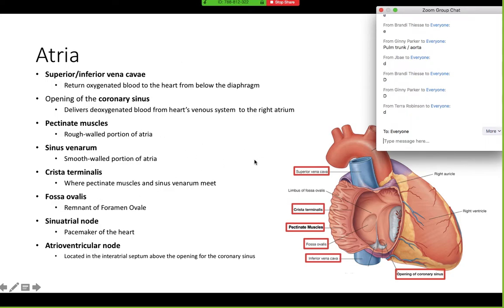On this picture, be familiar with everything in red here. Probably the big ones they like to tag are the pectinate muscles, the crista terminalis, or the fossa ovalis. I kind of doubt they would tag the superior vena cava just because it's too easy.